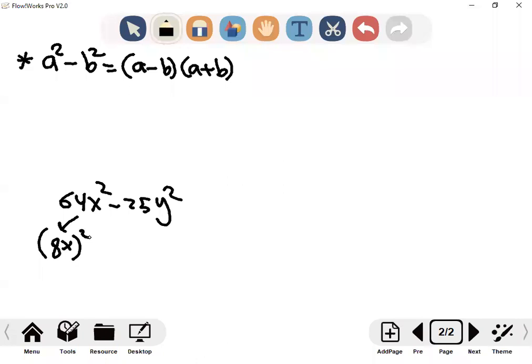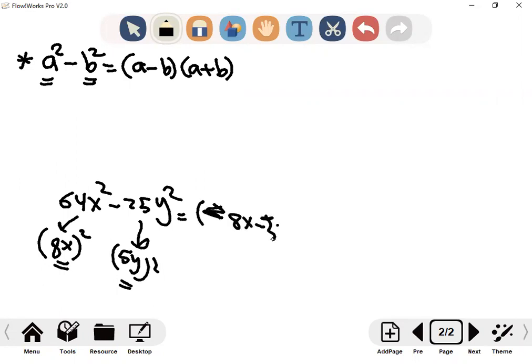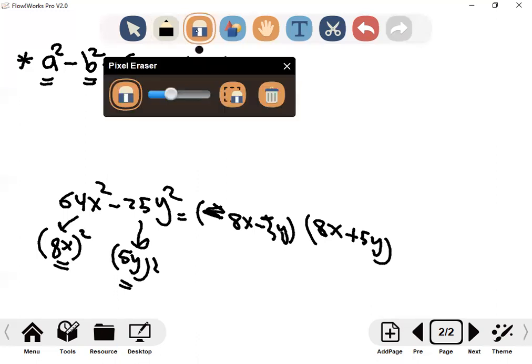And here you have 5y power 2. So here you determine the value of a, which is 8x. The value of b is 5y. Apply the formula. It will be 8x minus 5y, which is a minus b, and 8x plus 5y, which is a plus b, right? This is what we call difference between two squares. Done? This is the first formula.